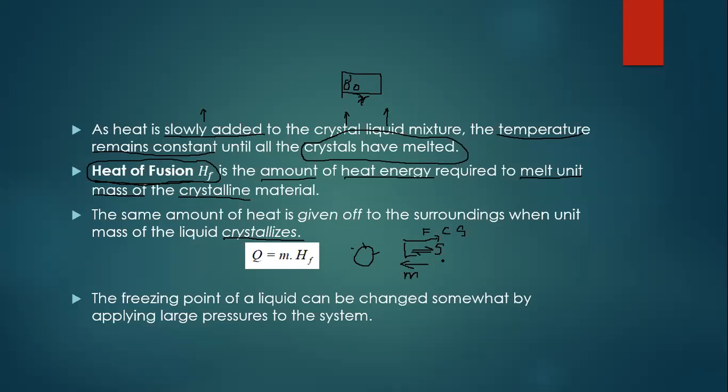If it is coming from solid to liquid, heat will be required. You would need heat. But if it is coming from liquid, like water is a liquid, and you freeze it to make it a solid, heat is lost.